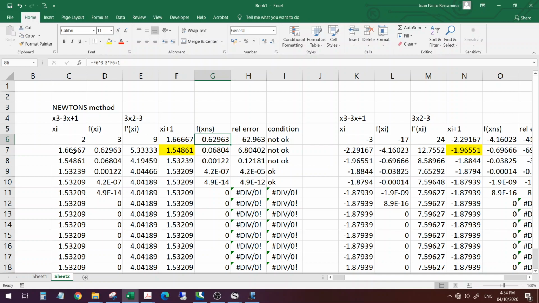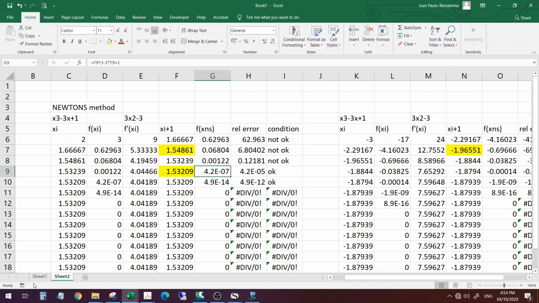Okay. And again, the beauty of Newton's method, the solution will converge towards the real solution. From the initial condition of x, it will converge towards the real solution, which is 1.53209. Okay, 1.53209. Because our f of x here is less than 0.001.